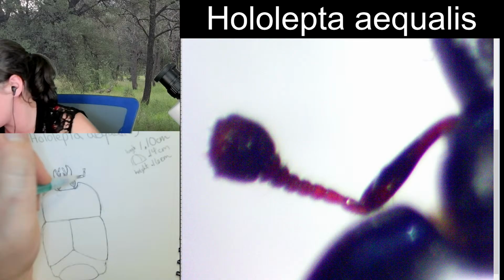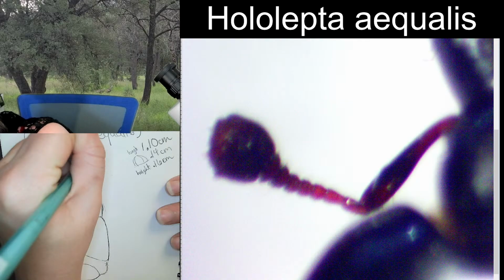And then the next 1, 2, 3 segments are admittedly mostly round. And then we have 2 more segments, and these segments get just slightly wider in preparation for this club.